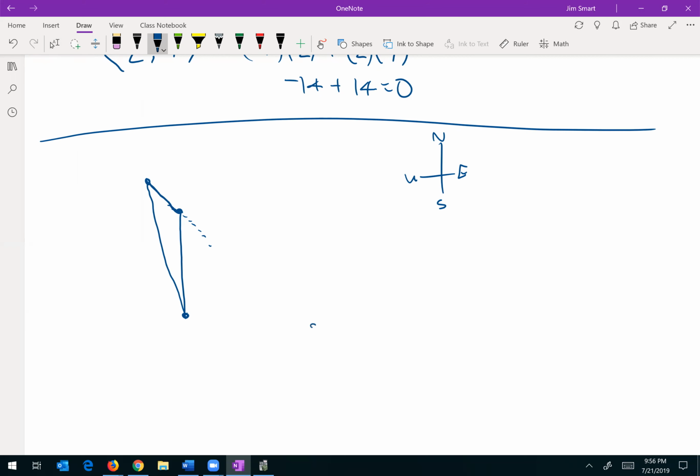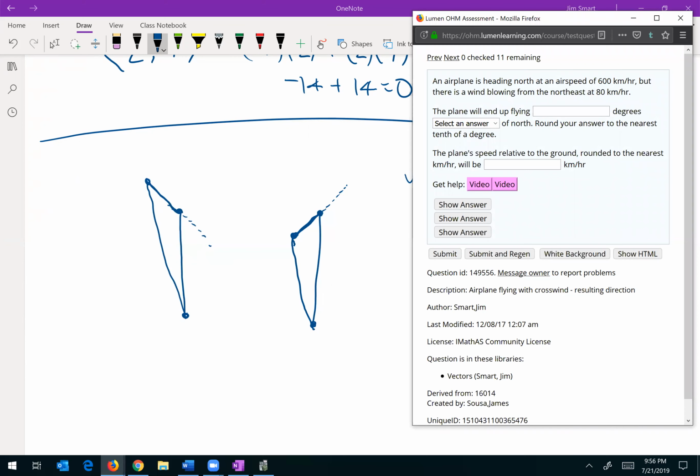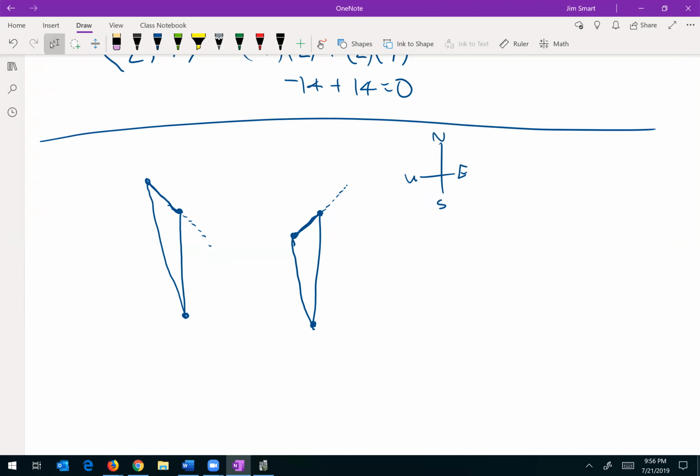But mine, the wind is blowing from the northeast, so the wind is coming this direction, and it'll push the plane back down towards the southwest. So my unknown side, we would put the wind speed and the plane speed: 600 for the plane speed, that's the line going due north, and then 80 for the wind speed.